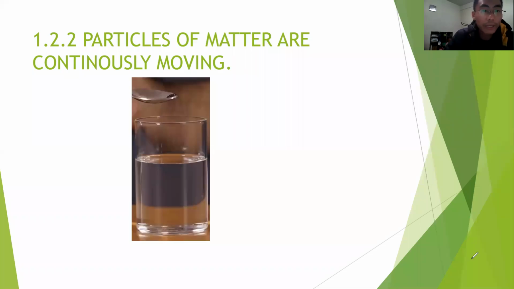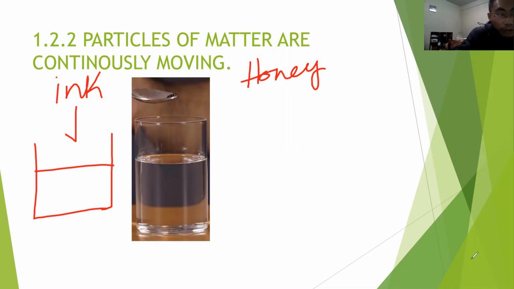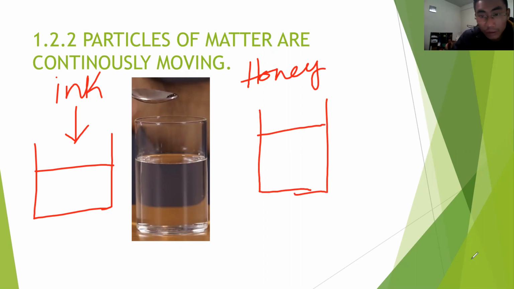Now coming to the next activity. Consider two types of liquids, let's say ink and honey. Let's say you put the ink in one glass of water and then put the honey in another glass of water.